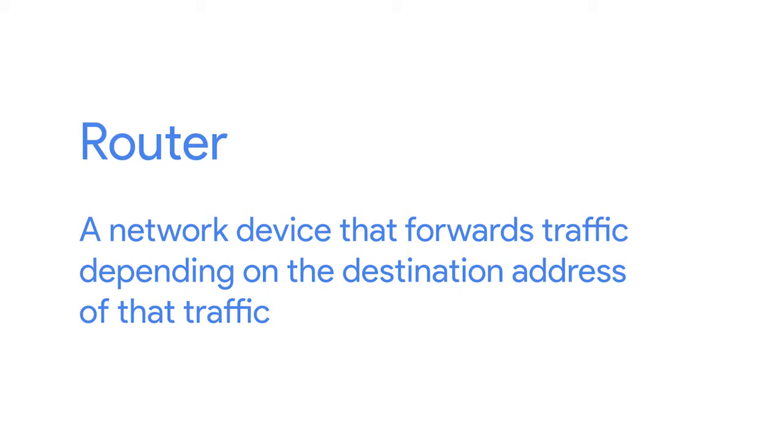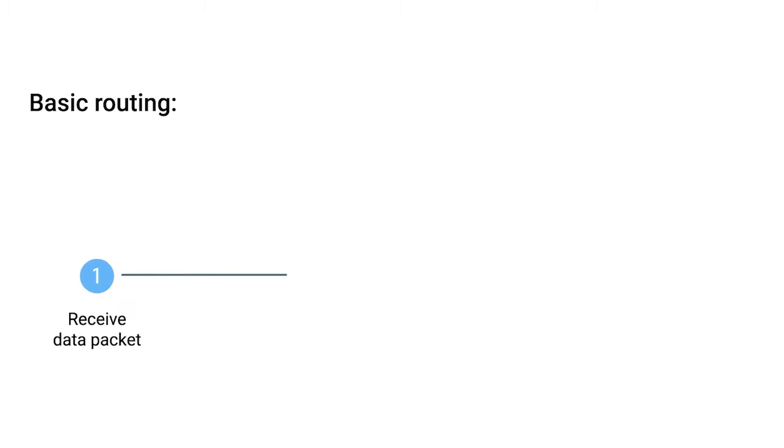From a very basic standpoint, a router is a network device that forwards traffic depending on the destination address of that traffic. A router is a device that has at least two network interfaces, since it has to be connected to two networks to do its job. Basic routing has just a few steps. 1. A router receives a packet of data on one of its interfaces. 2.